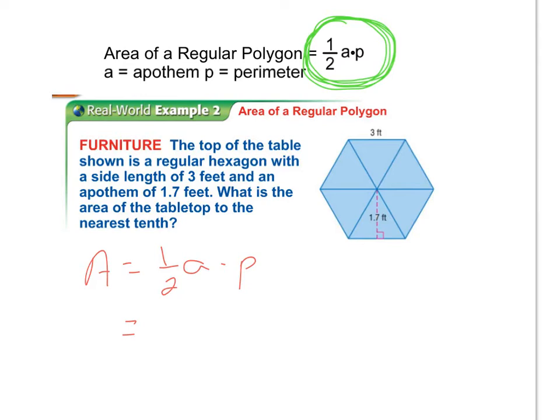So area equals 1/2 times my apothem, which is 1.7, times my perimeter, and my perimeter is going to be 3 on each side, and I have 6 sides, so 3 times 6 is 18. So I'm now going to whip out my little mini calculator. Maybe you heard that. So I'm going to do 0.5 times 1.7 times 18, and I get an area of 15.3.